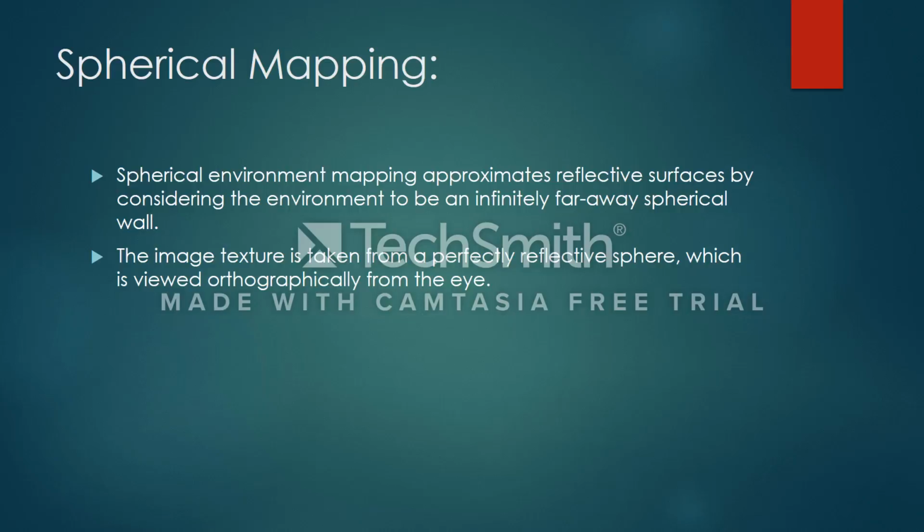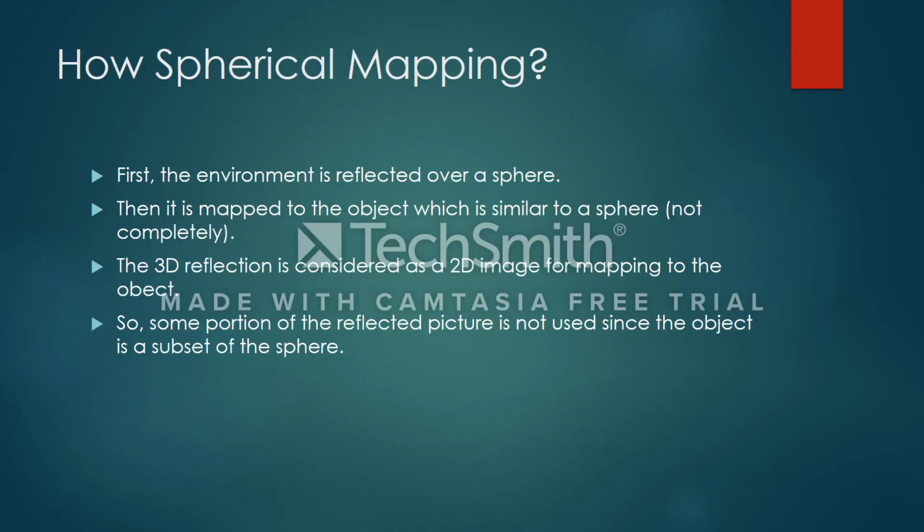We make a 2D image of the environment and then map it to the texture of the object so that the reflection can be seen on this. The image texture is taken from a perfectly reflective sphere which is viewed orthogonally from the eye.